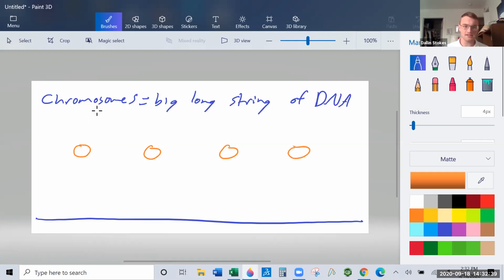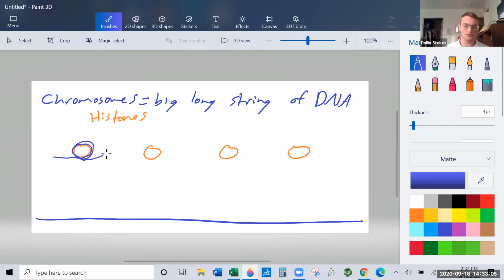These are called histones. Histones are proteins whose specific job is to act like a spool for the DNA to wrap around. So the DNA comes into these histones every couple dozen bases or so, and wraps around the histone.